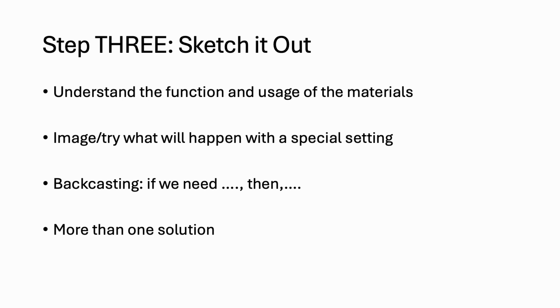So design a set of dominoes. When the dominoes fall, they may hit the car, and then eventually the car will be pushed. Okay, so then the task changed again. You have to think about how I can make the dominoes fall, right? Maybe a marble hits the domino, and this may change something. You have to think about it.